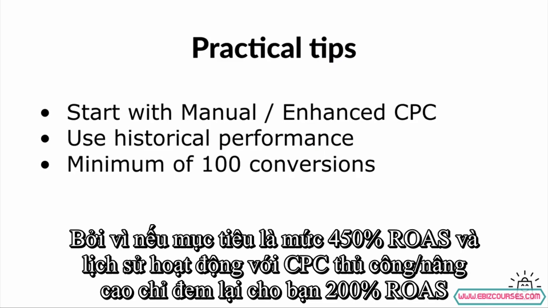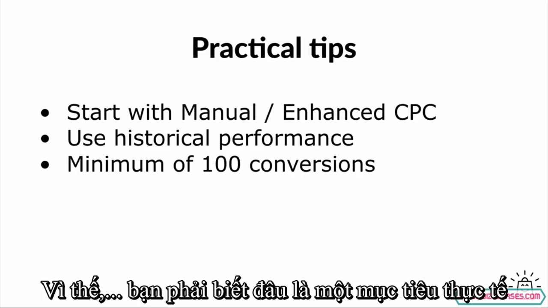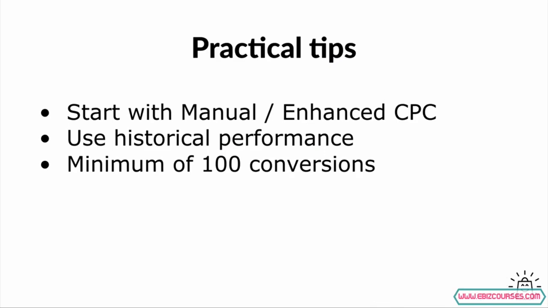Because if your goal is a 450% ROAS and your historical performance with manual or enhanced CPC only got you a 200% ROAS, well, just switching bidding strategies won't make those campaigns more profitable all of a sudden. So you kind of know what is a realistic target.